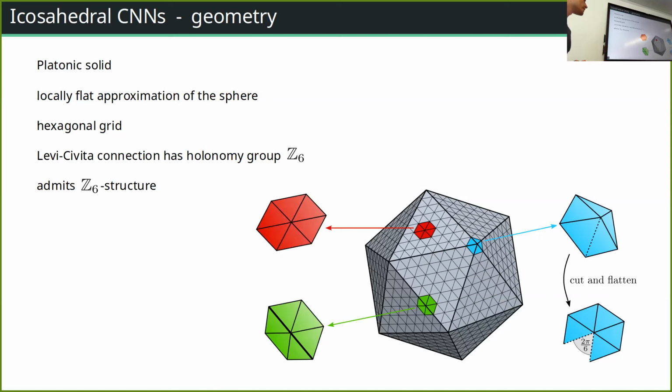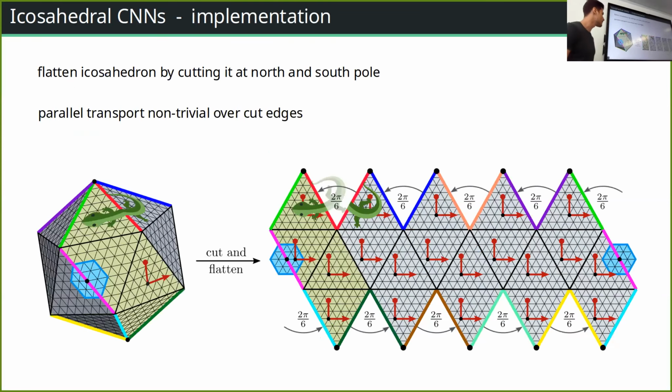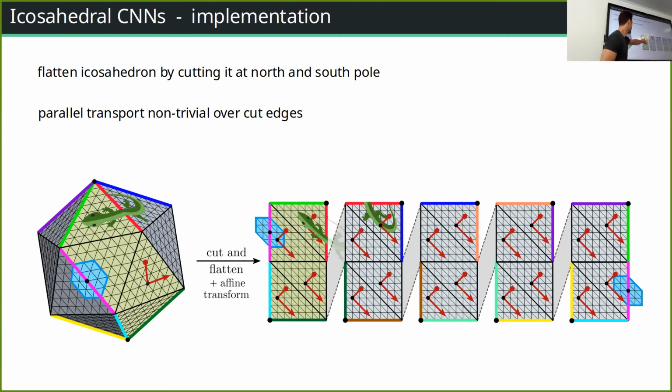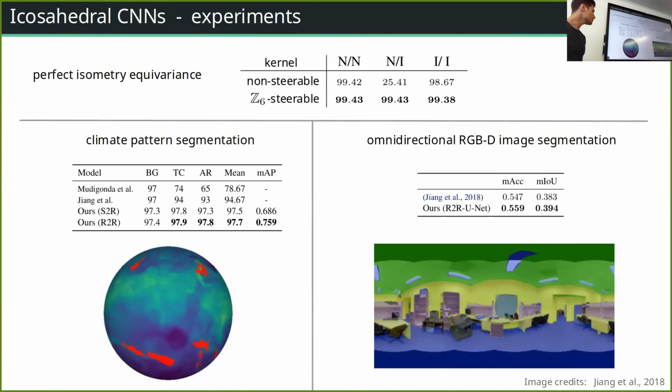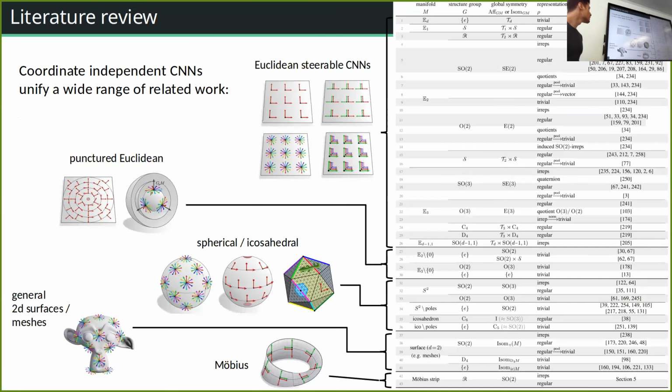And we also implemented it on the icosahedron, which is a nice approximation of a sphere, and it's computationally more efficient since you have locally flat surfaces. So on each face, we can actually apply a standard convolution operator. If you cut it and flatten it out, you get this structure. And it also works better.